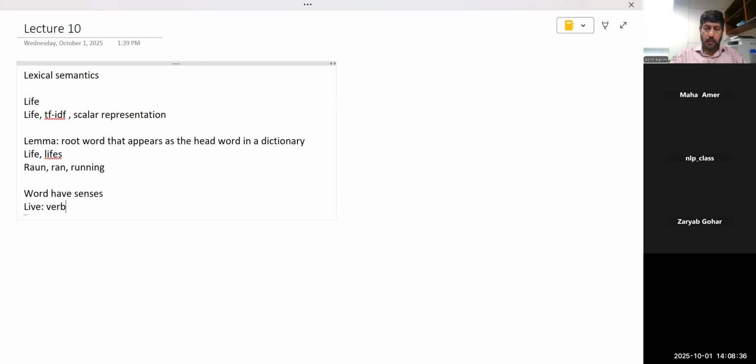And then live, with the same spelling, could be a noun, for example a live transmission of a cricket match. So this word live, which is represented by these four characters, has two senses: one is the verb, and the other is the live broadcast sense.